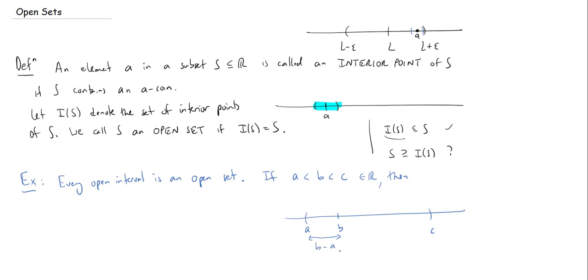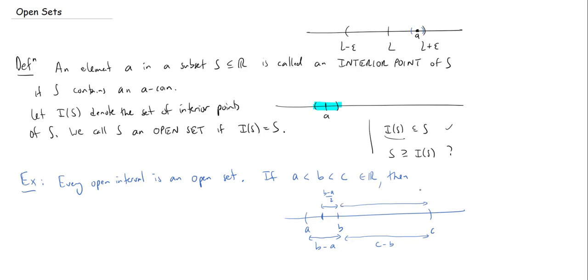I could also ask how far away b is from c, and that would be c minus b. And now, if I take b minus a and I cut it in half, then I'm going to get a point which is definitely halfway in between. Okay, so I want this distance here to be (b minus a) over 2. And I could do the same thing on this side.